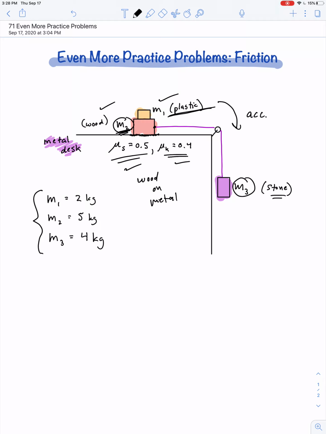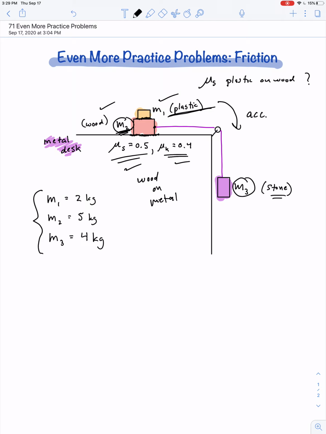There must be some amount of friction between plastic and wood that allows the system to accelerate together, and that becomes the question in this problem, right? Coefficient of static friction for plastic on wood. What's the minimum required value so that the system accelerates together as one combined object?